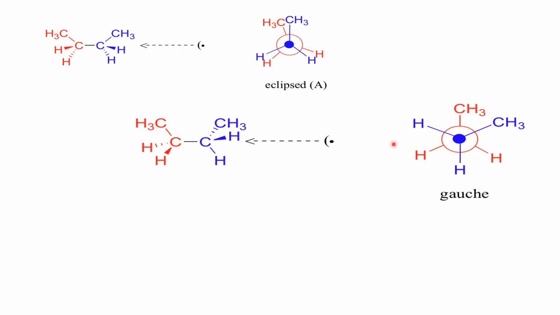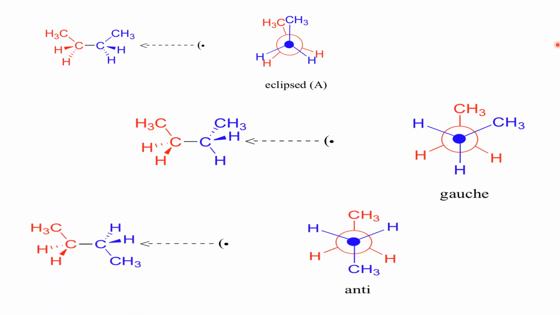So this is one of the gauche forms in which the CH3 group is lying between the CH3 group and hydrogen atom. And see the third one, that is the extreme case, the anti form. Basically, the anti form is a type of gauche form in which the bulky CH3 groups are on the opposite side.